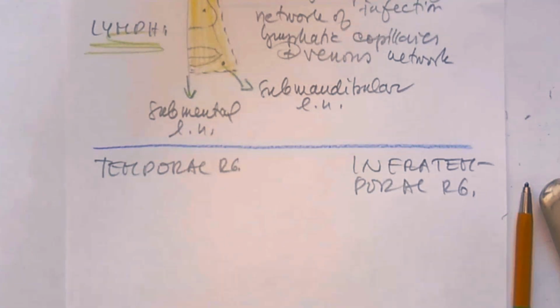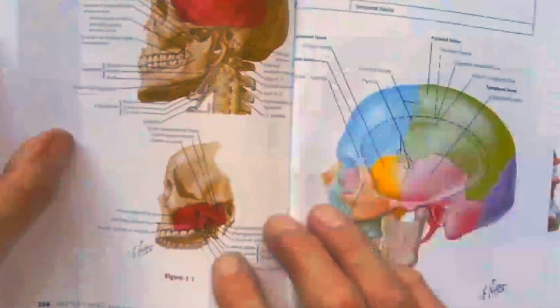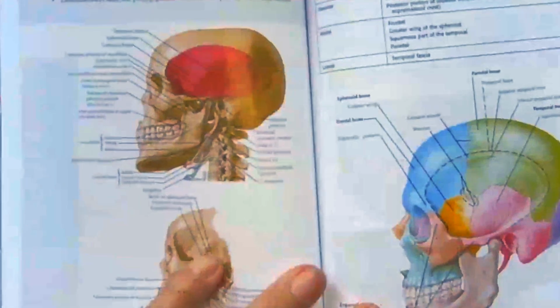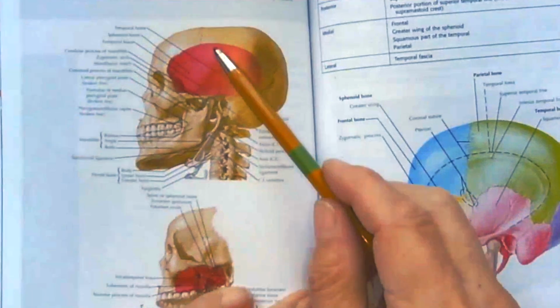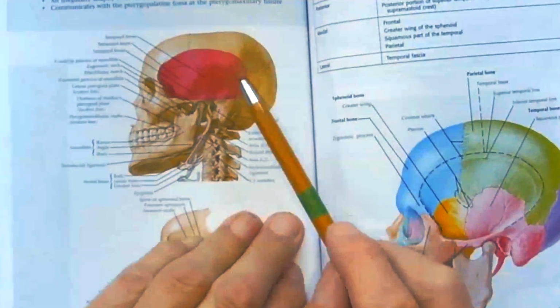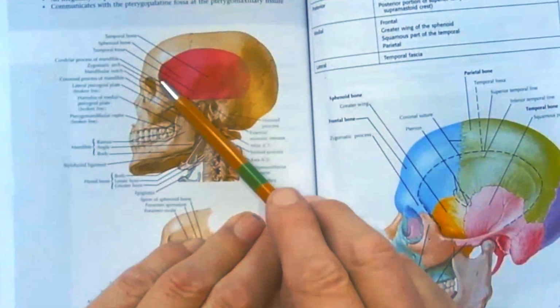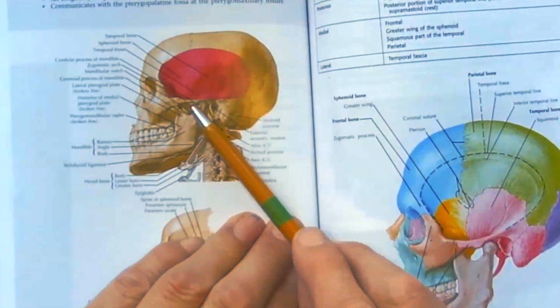Showing the infratemporal area. The temporal area and infratemporal area are situated relative to the zygomatic arch. If you look at these two diagrams, smaller, but maybe it's not bad, in the lateral view you see the area occupied by the temporalis muscle. So this is the temporal area, temporal region.